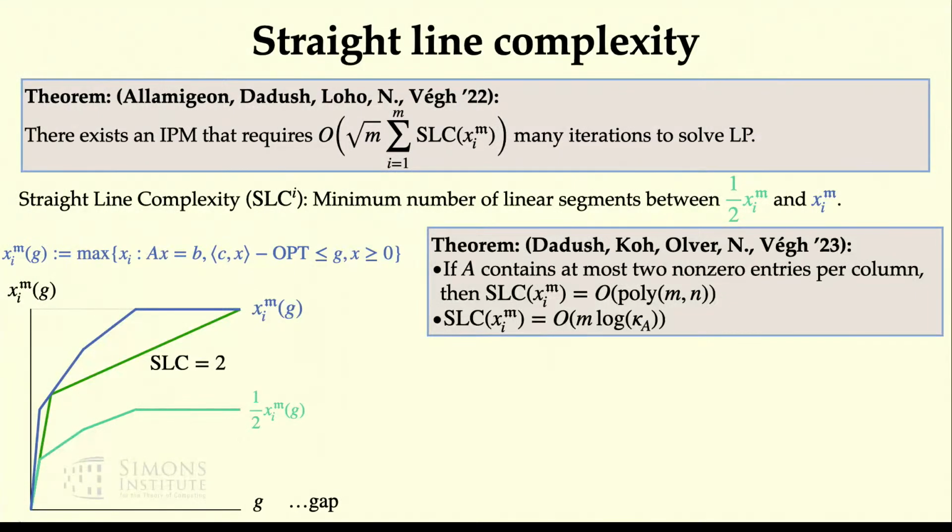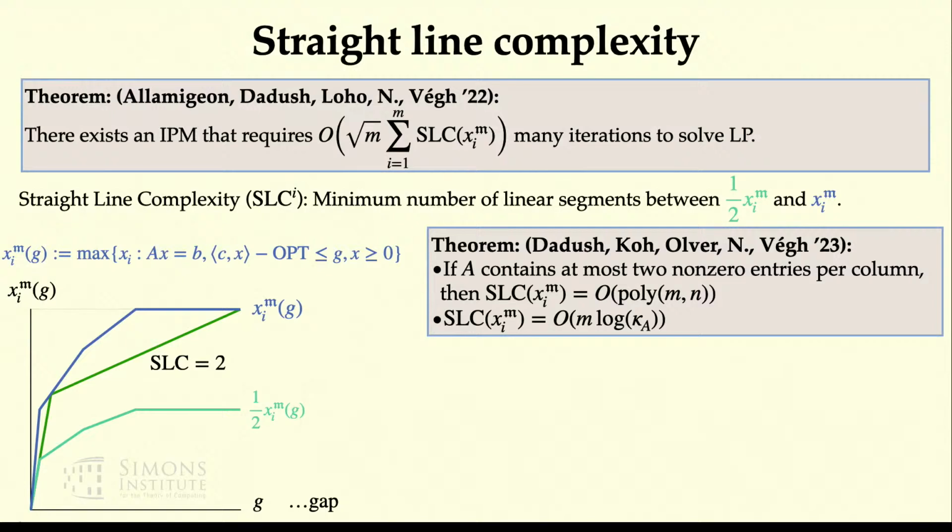Additionally, we show that, in fact, the straight line complexity is bounded by a linear term, so m, times the logarithm of your condition number. Okay, so this result here, the first one, that is about, I guess, 20 pages or so, but the second one is just 1 page. The proof of this fits on 1 page.